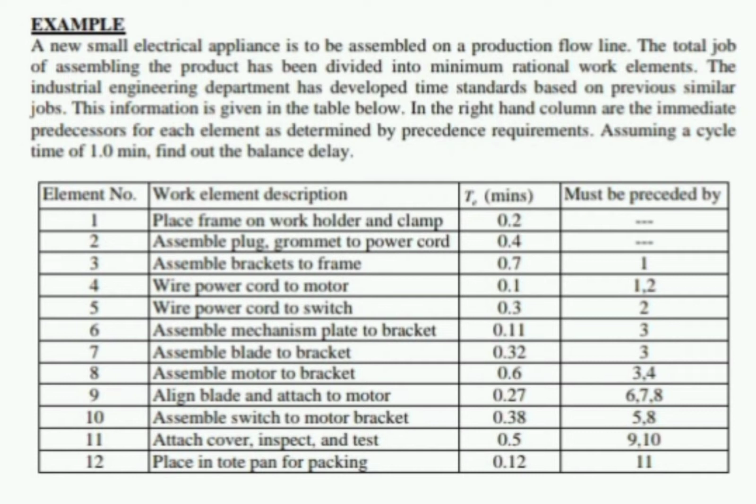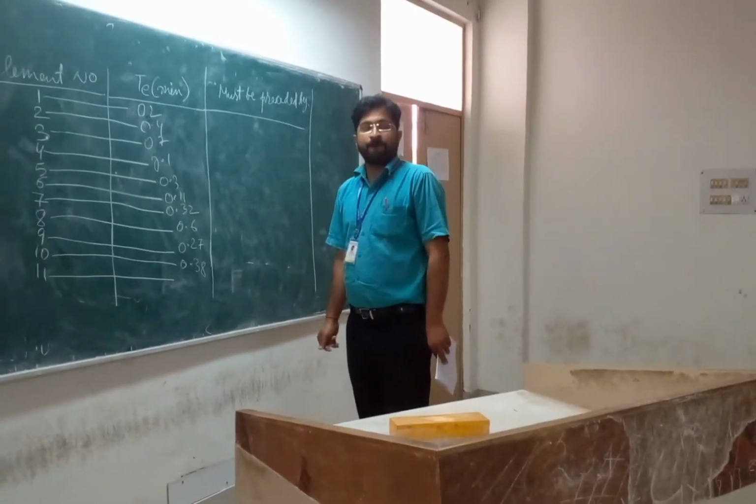The industrial engineering department has developed time standards based on previous similar jobs. This information is given in the table below. In the right hand column are the immediate predecessors for each element as determined by the precedence requirements. Assuming a cycle time of 1 minute, find out the balance delay.